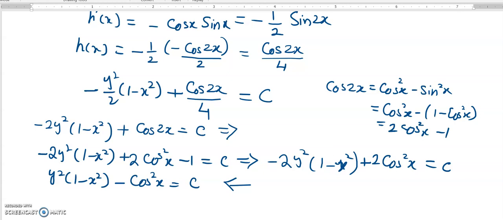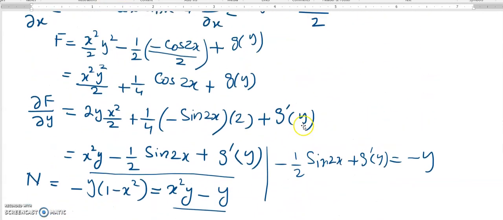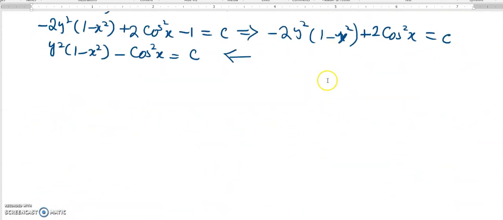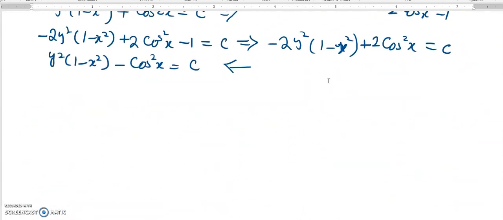Although the initial solution is also correct, this form of the solution looks simplified. As we also know the initial conditions of the initial value problem, y of 0 is equal to 2, so we can find the value of c.